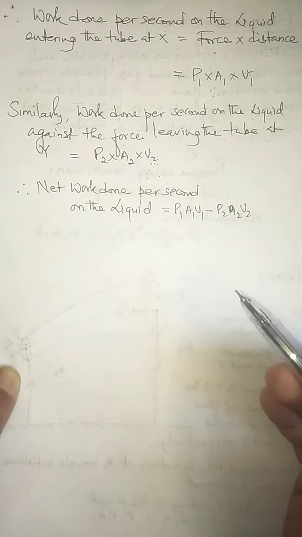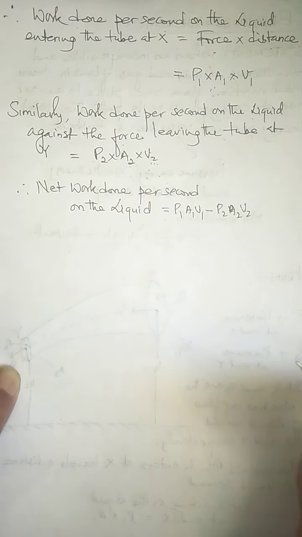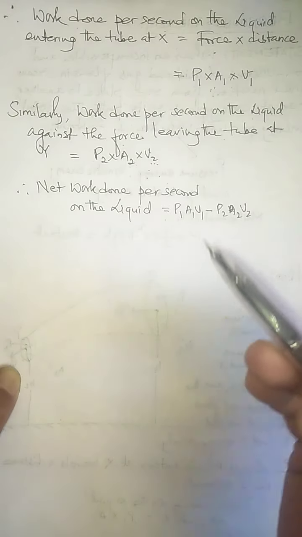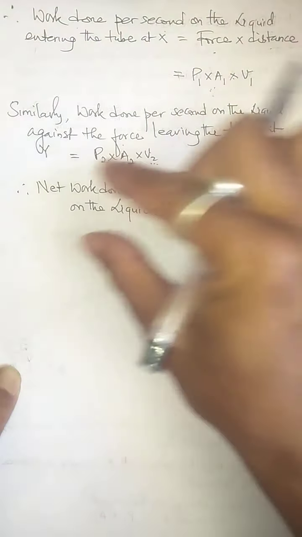Now after this, what I am going to do is apply one of the principles that you have learned already, that is called the principle of continuity. Children, do you know why we need to apply the principle of continuity here? Because when the liquid is flowing in that tube, the flow is streamline flow, and the tube that we are taking is a streamline tube.